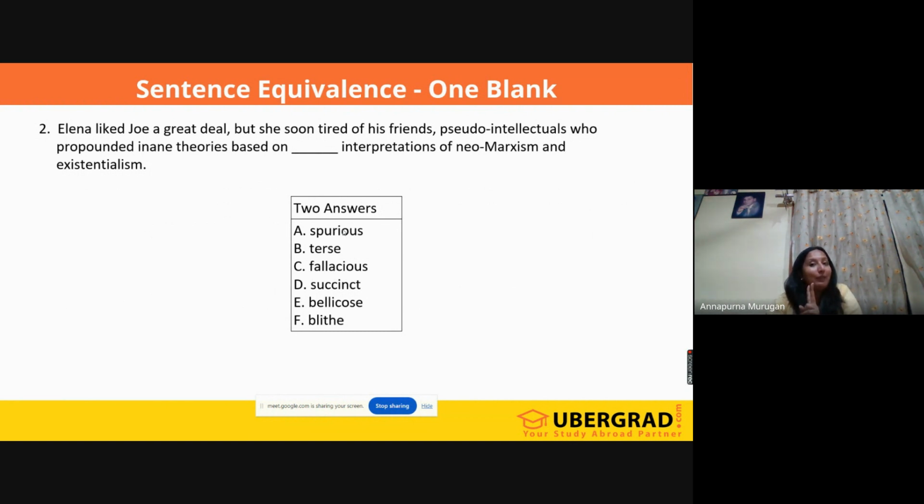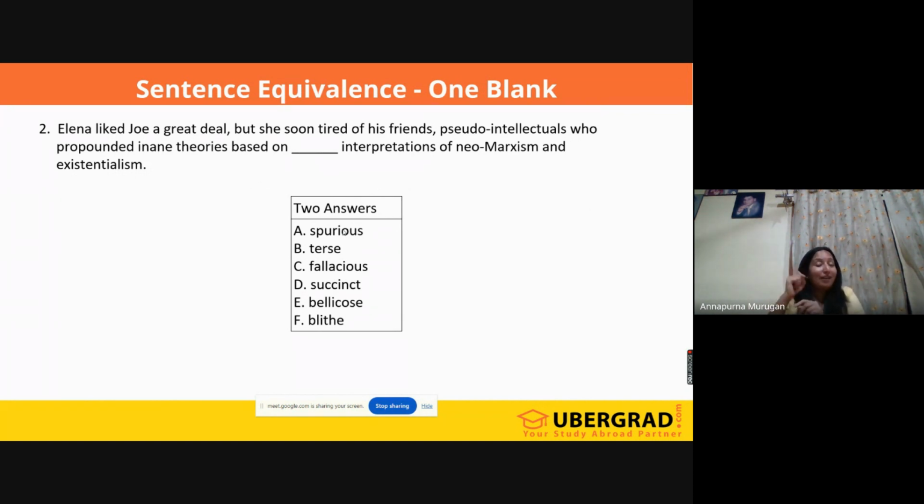So it's one complete complex sentence. It is saying Elena liked Joe a great deal. That means Elena liked someone, comma, but she soon tired of his friends. But means something opposite will happen. So she soon tired of his friends, it seems.